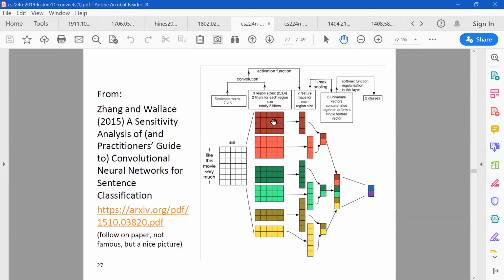Then you have different size convolutions that you apply: a length 2 convolution, a length 3 convolution, and a length 4 convolution. And you can see that when you do that, a length 4 convolution applied here gives you 4. Let's see, why would it be 4? Other way around, right?